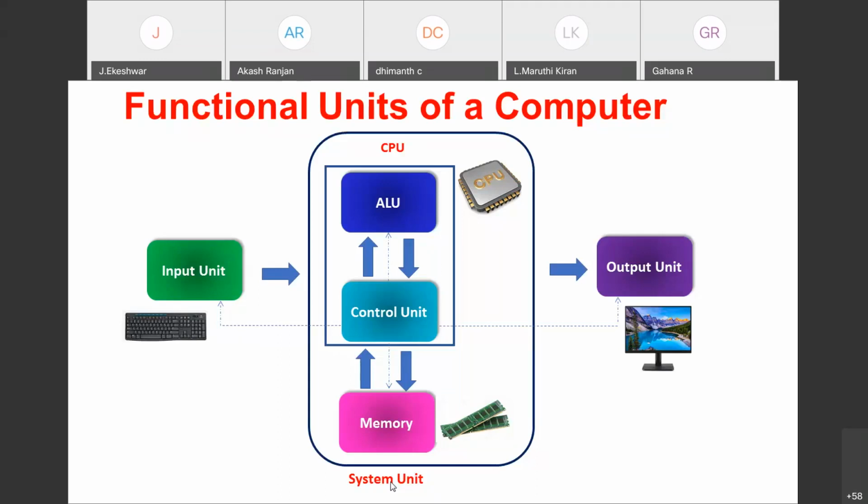So who is responsible for loading it? There is a bootstrap loader, a small routine available in the ROM memory, which helps in loading the operating system into the RAM. The BIOS routines and the bootloader program all reside in the ROM memory, which is non-volatile.